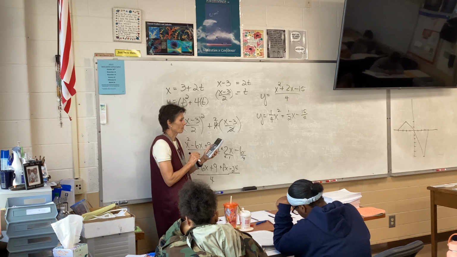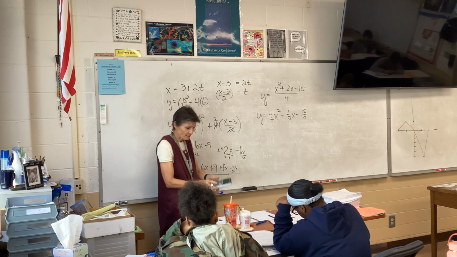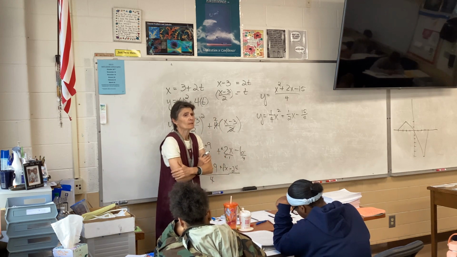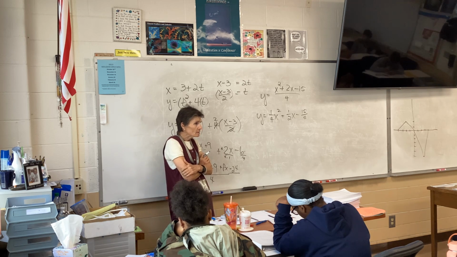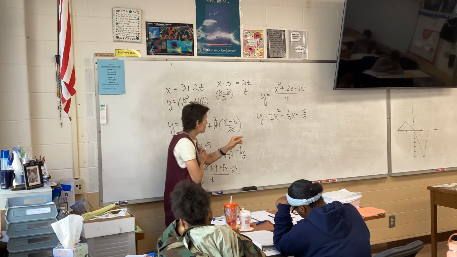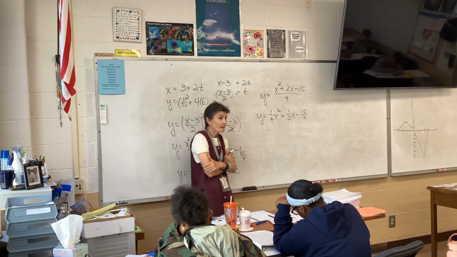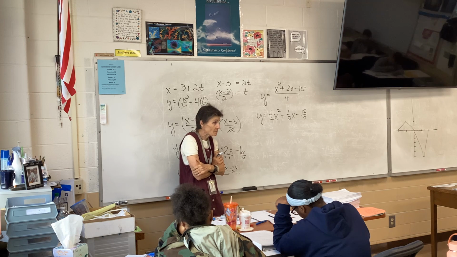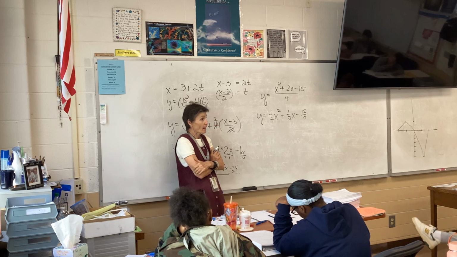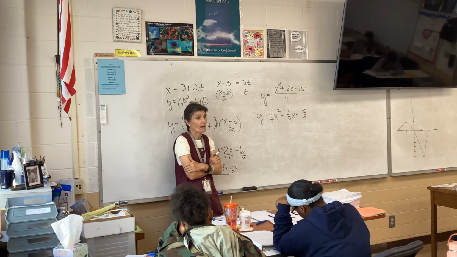What shape did you get? Did you expect that? Yes. Why did we expect it? It's x squared. And what do x squareds always look like? BFFs. X squareds are parabolas. So I knew it was going to be a parabola.